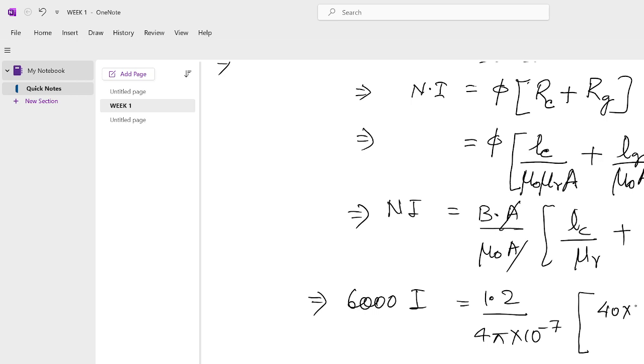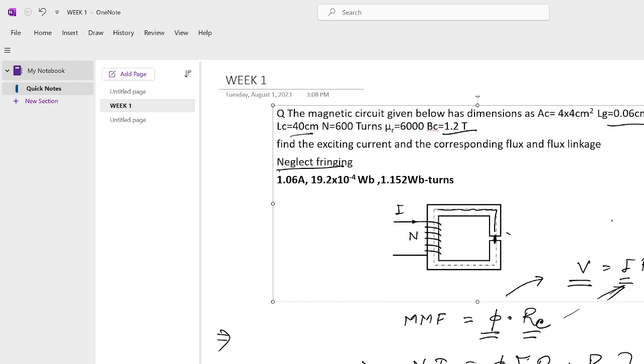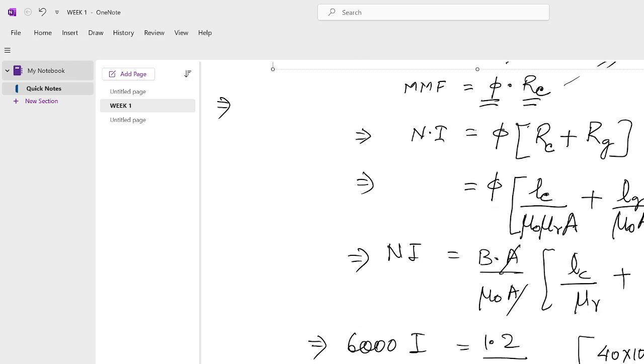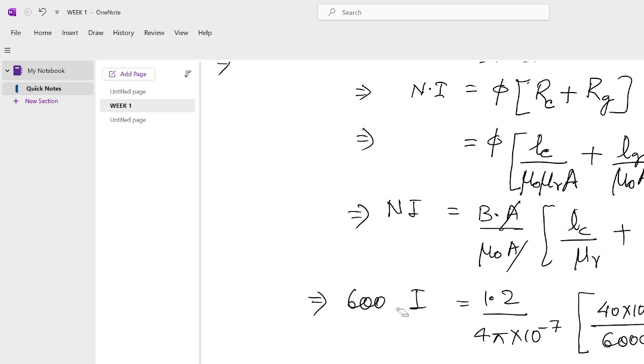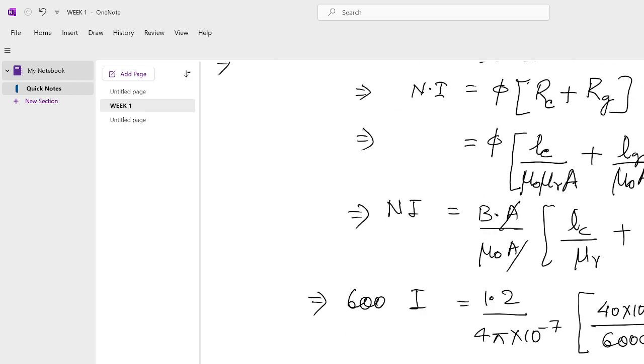40 into 10 to the power of minus 3, minus 2 upon 6000. Sorry, what is the number of turns? Number of turns is 600. So we need to keep 600 here, 16,000 plus LG, which is 0.06 into 10 to the power of minus 3.